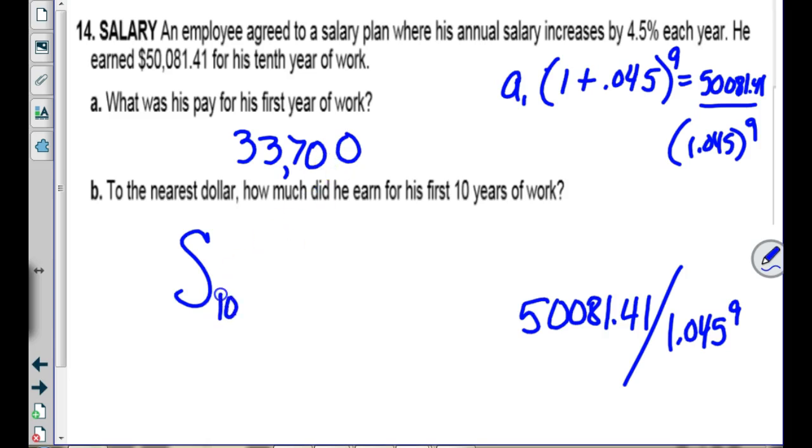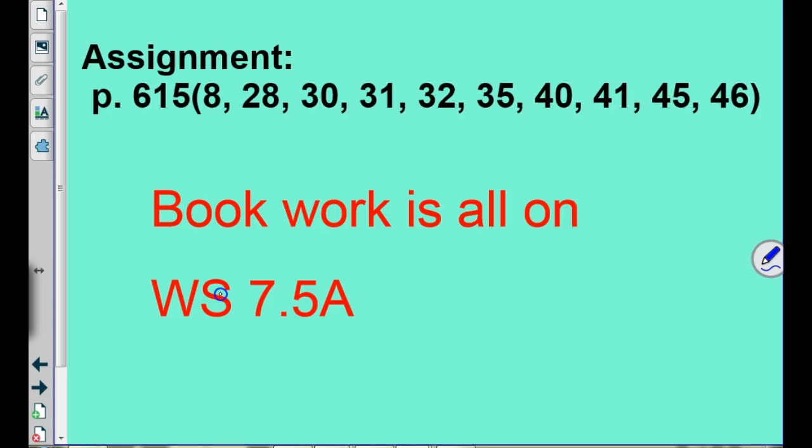And it says the sum for the first 10 years. Okay, all of the work, guys, is on 7.5a. Bookwork on 7.5a.